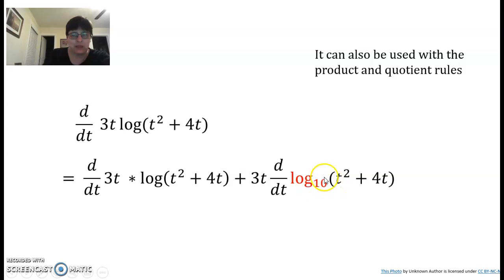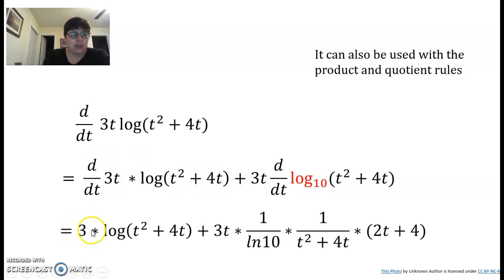You notice how right there I changed the log to log base 10 so I could remember what I was doing. So it's just 3 times this log function, plus that 3t times the 1 over natural log times 1 over the function times the derivative of the function.